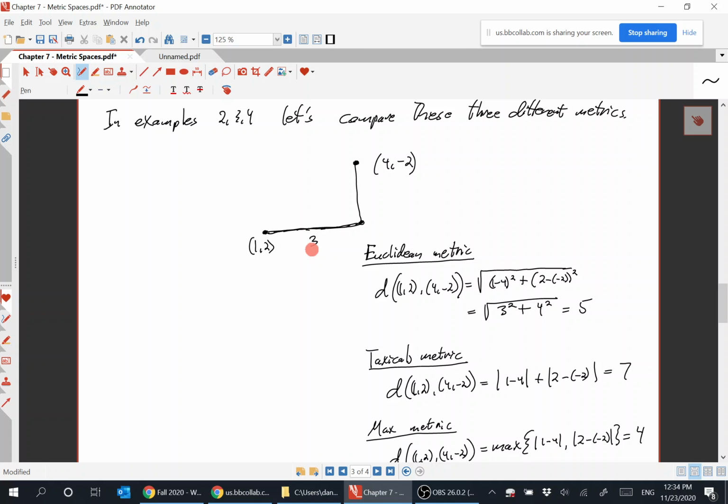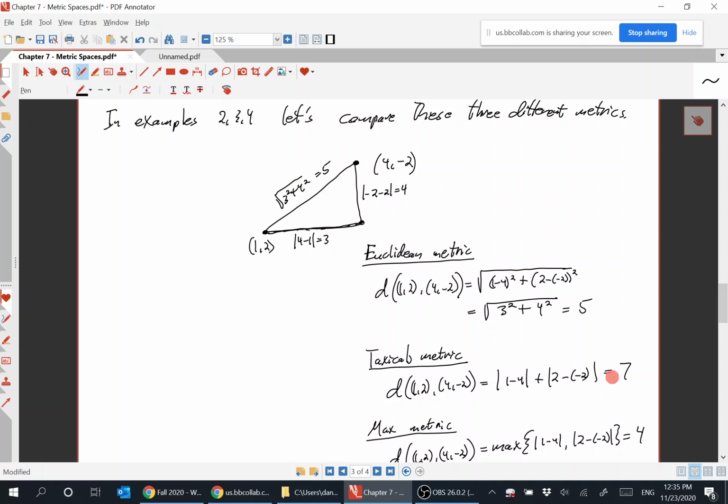So that's 3, 4 minus 1 is 3. This distance right here is the difference in the y coordinates. So it's minus 2 minus 2, which is 4. And this distance right here is the square root of 3 squared plus 4 squared, which is 5. So the Euclidean metric gives you a distance of 5.